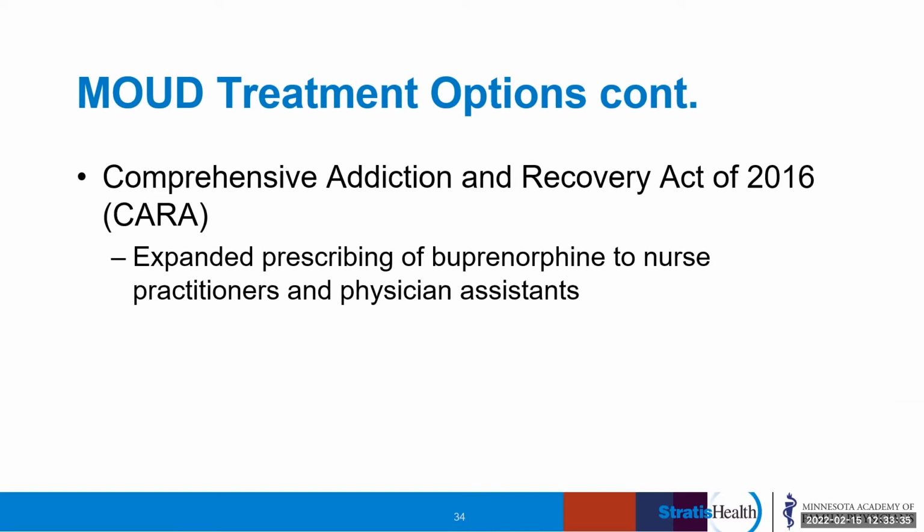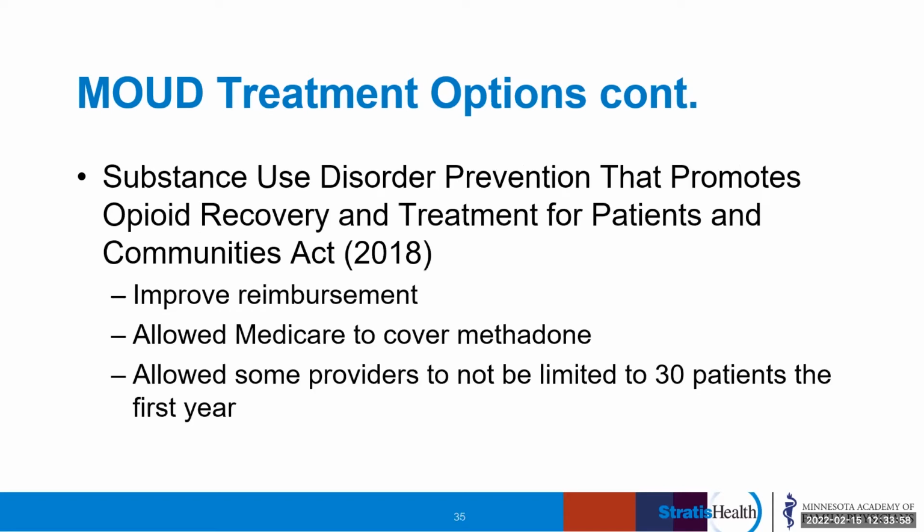It really wasn't until 2016, the CARA Act, the Comprehensive Addiction Recovery Act, that they added the PAs and the nurse practitioners to the prescribing, which, as we all know, probably did the most for access to care and the ability, especially in rural areas, to get this. So that was really a critical thing in 2016 that helped us with the access.